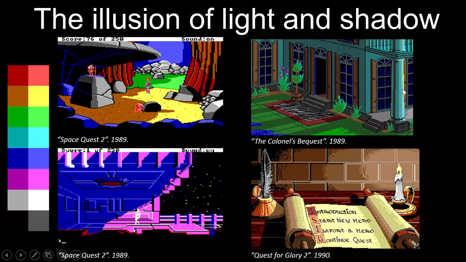Of particular interest, I think, is this rounded column, where a bunch of different combinations of dithering are used to create that sense of dimension, which can more clearly be seen in the bottom right, in this Quest for Glory 2 screenshot, which has this beautiful halo effect of light to dark using different versions of dithering and different combinations of it.